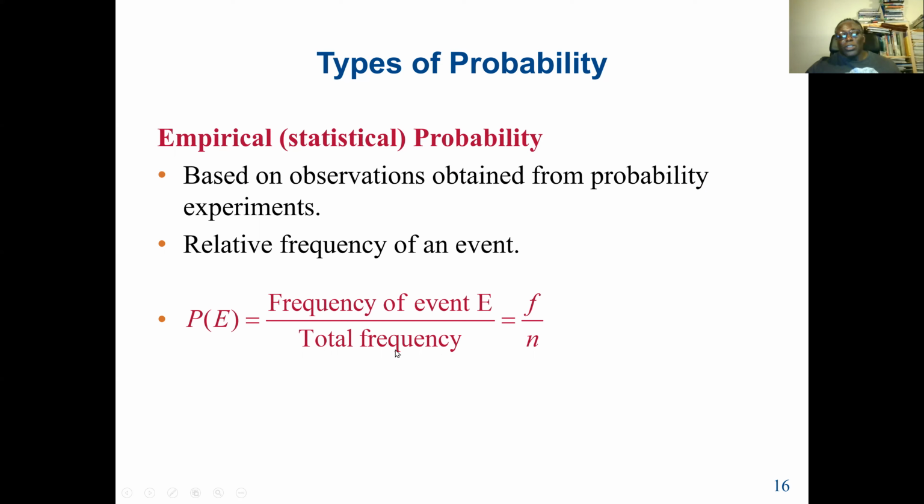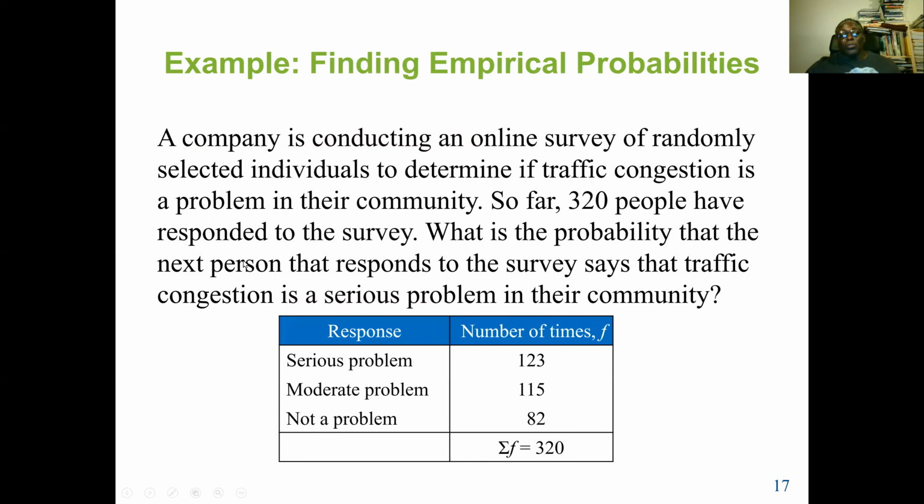So probability of E will be the frequency of event E divided by the total frequency. So here we don't say how many times it comes. This example gives me a company conducting an online survey of randomly selected individuals to determine if traffic congestion is a problem in their community. So far 320 people have responded to the survey.